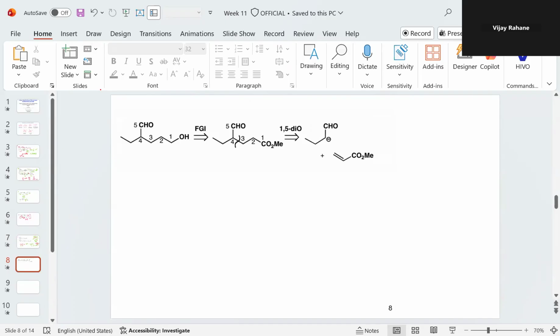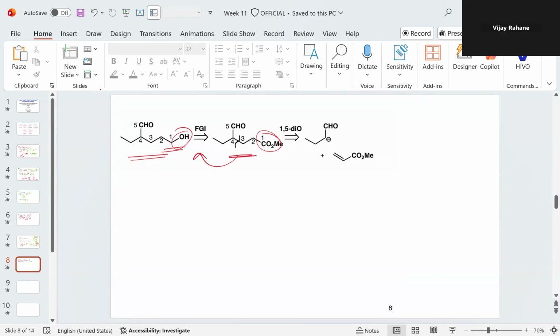What we can do in this particular example: the first step goes here, the functional group interconversion. It basically comes from this ester. So this alcohol can be synthesized from this ester. If you do the reduction of this ester, we can basically get this alcohol.